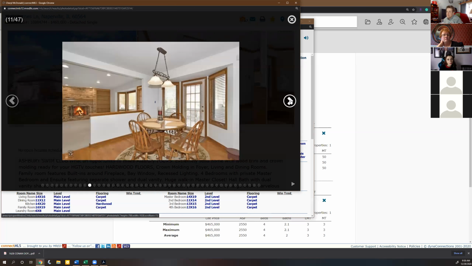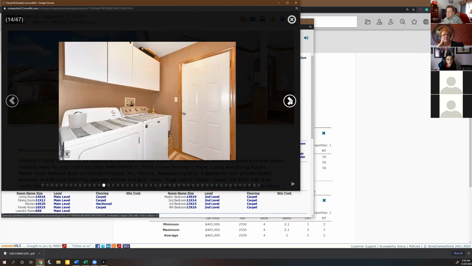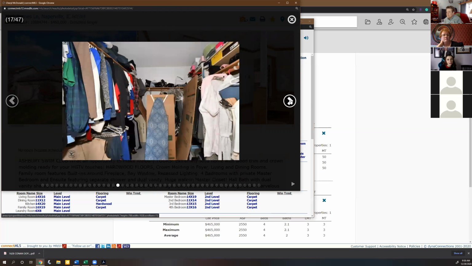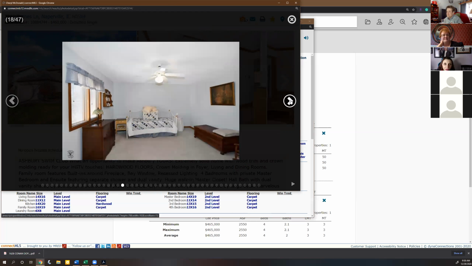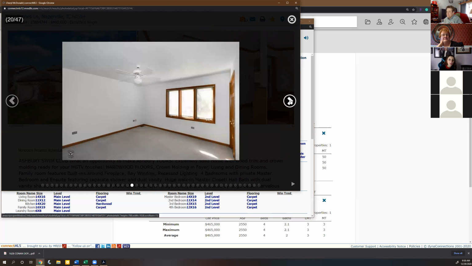So this house is pretty plain. It's boring. It was built in 1990, correct? This is 1990 finishings. Nice picture. Also it was taken off a cell phone camera. Yeah, you guys know how I feel about that.